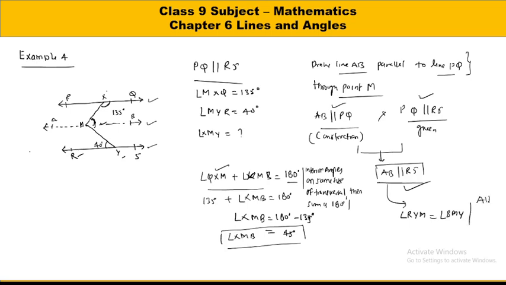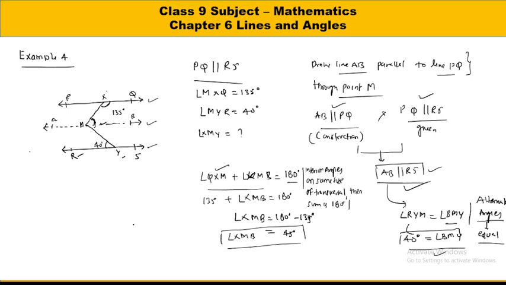These two angles are your alternate angles, and these two alternate angles are equal to each other with the reference of the theorem that when these two lines are parallel, the alternate angles they will be forming will also be equal as per the theorem. So as it is given that angle MYR is already given as 40 degree, then angle BMY will also be 40 degree.